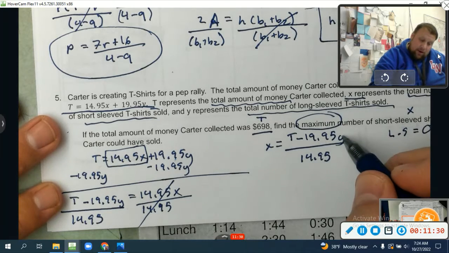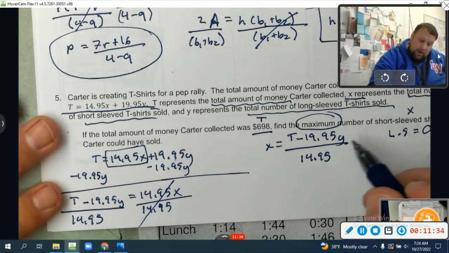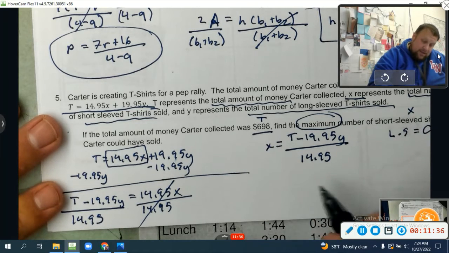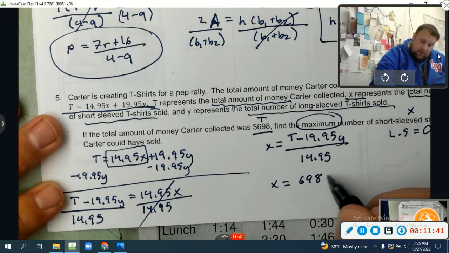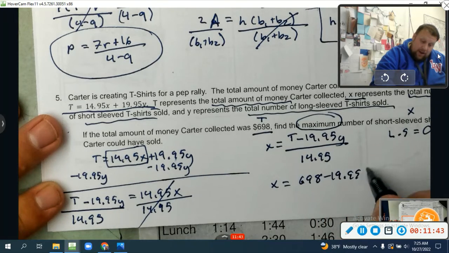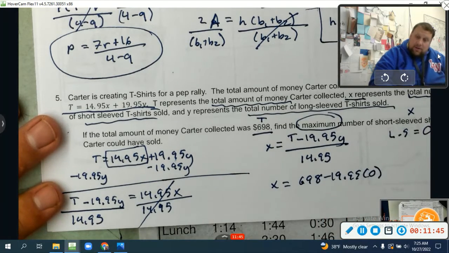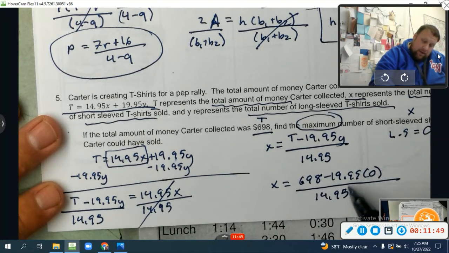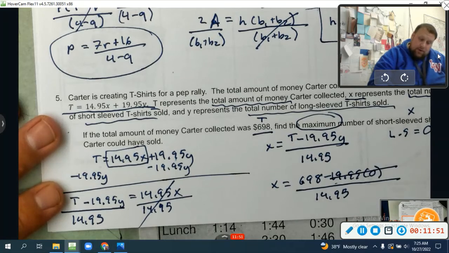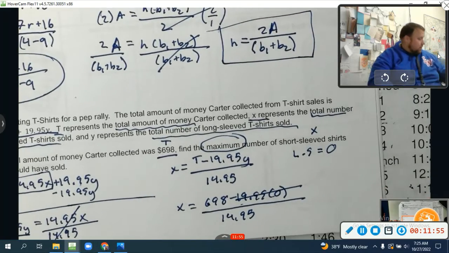So if that's 0, I end up with what? I know my T is 698, so I'm going to have x equals 698 minus 19.95 times 0, because I want 0 long sleeve shirts. And I'm going to divide all of that by 14.95. Well, anything times 0 is 0, so I'm just left with 698 divided by 14.95. You see how that works?